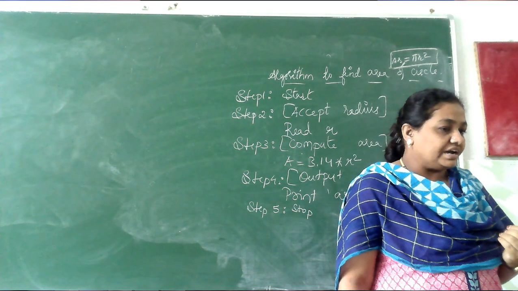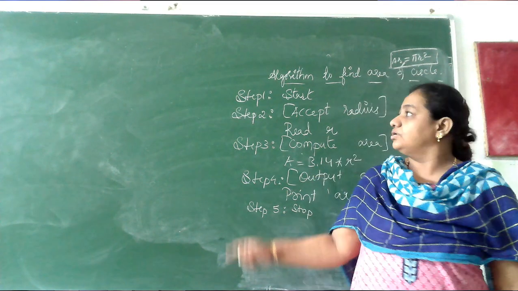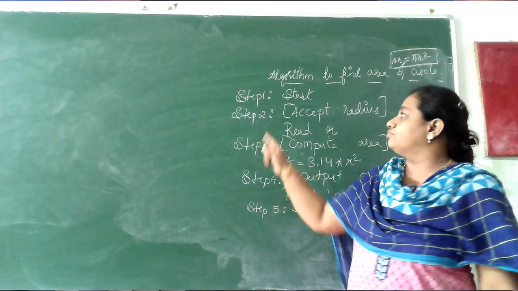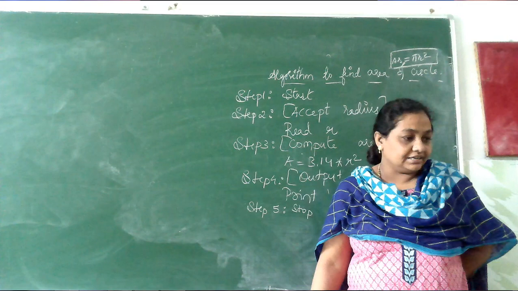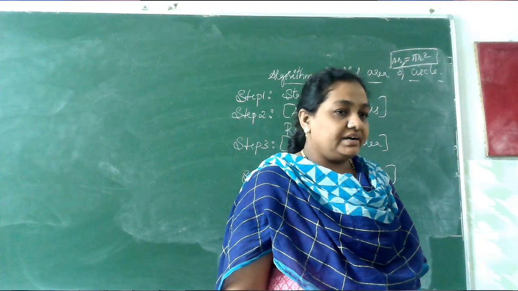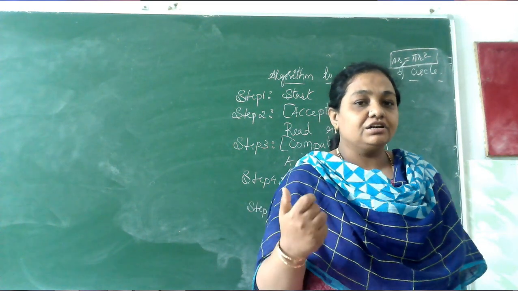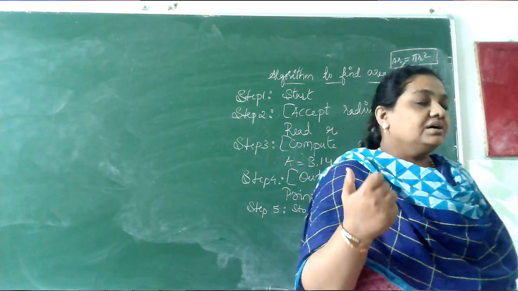So start, we will accept the radius, read R, compute area, we are calculating area, then we are outputting area. The printing part of this algorithm was not explained in the previous class.